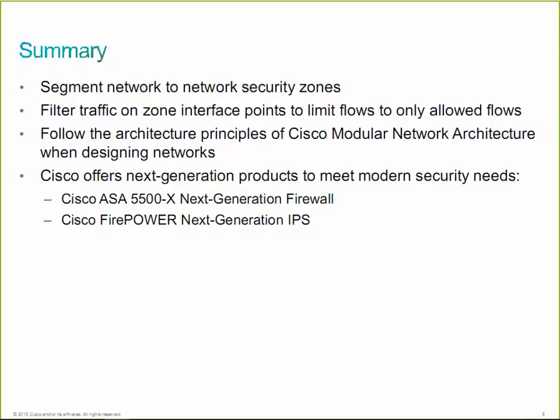We follow the architecture principles of the Cisco modular network architecture, and then we can use next generation products like the 5500 or Firepower, next generation IPS, and so on. As we move through the rest of the lessons, we're going to take a look at all of these different technologies and how they fit into our environment.